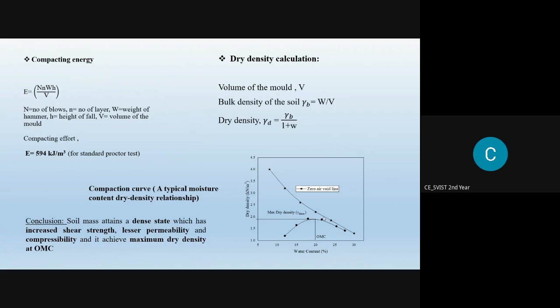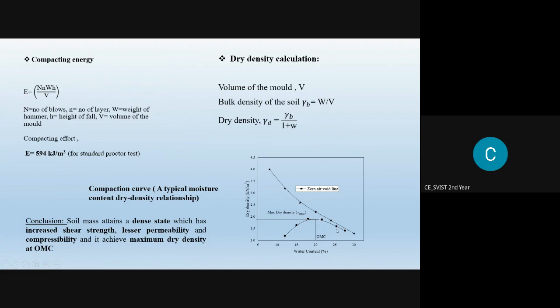The weight of solid particles gets bigger, so weight by volume, the density, is higher. This portion of the curve is called the dry side of the compaction curve.